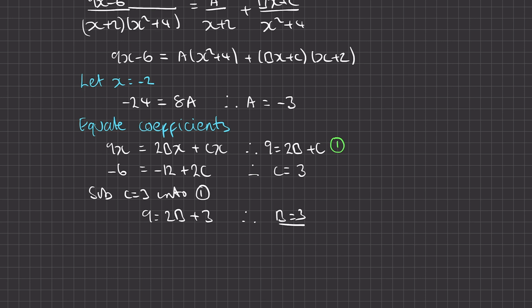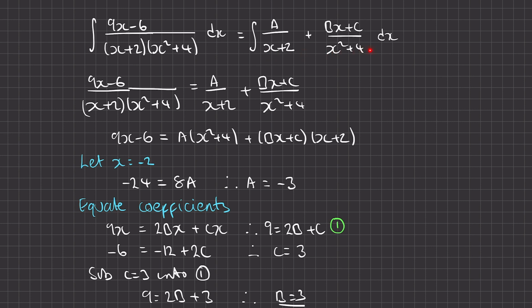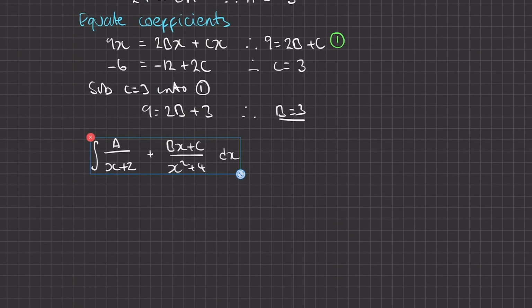Okay, so now we have a, b, and c. We can rewrite this integral. So we'll copy this, and we'll replace a, b, and c with a equals minus 3, b equals 3, and c equals 3. And I'm going to write this integral now as two separate integrals.